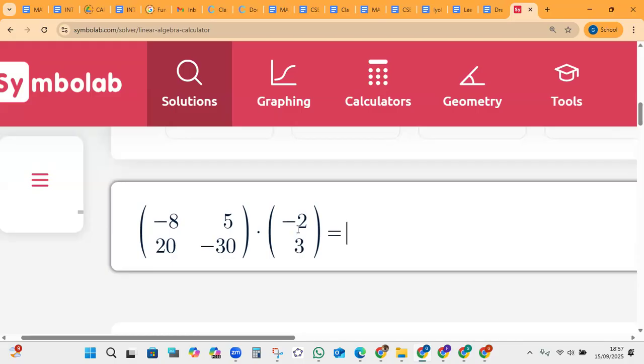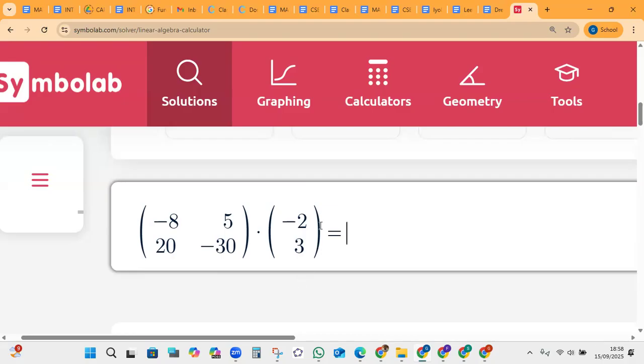Because our second matrix has 1 column, our final answer will have 1 column. So our answer will have 2 rows and 1 column. 2 rows in the first, 1 column in the second. Our final answer will be a 2 by 1.